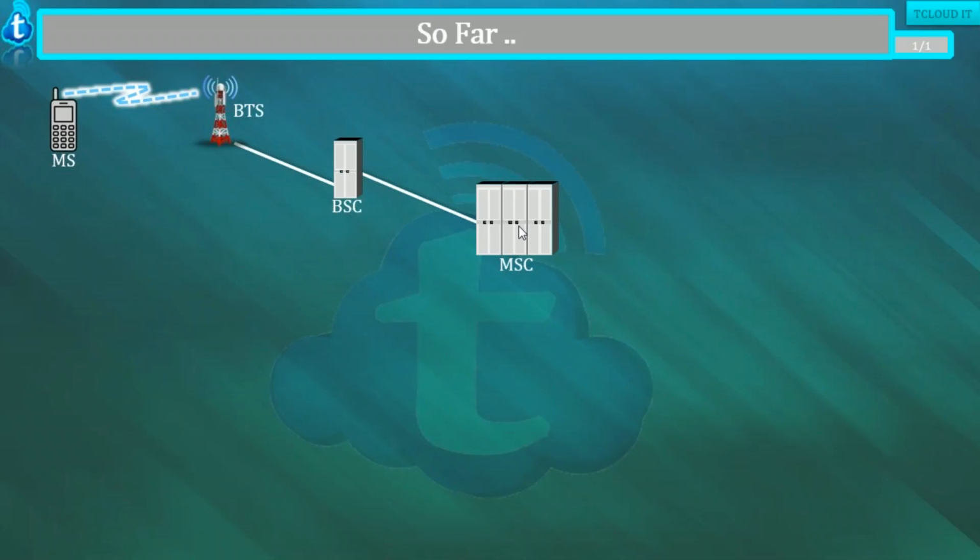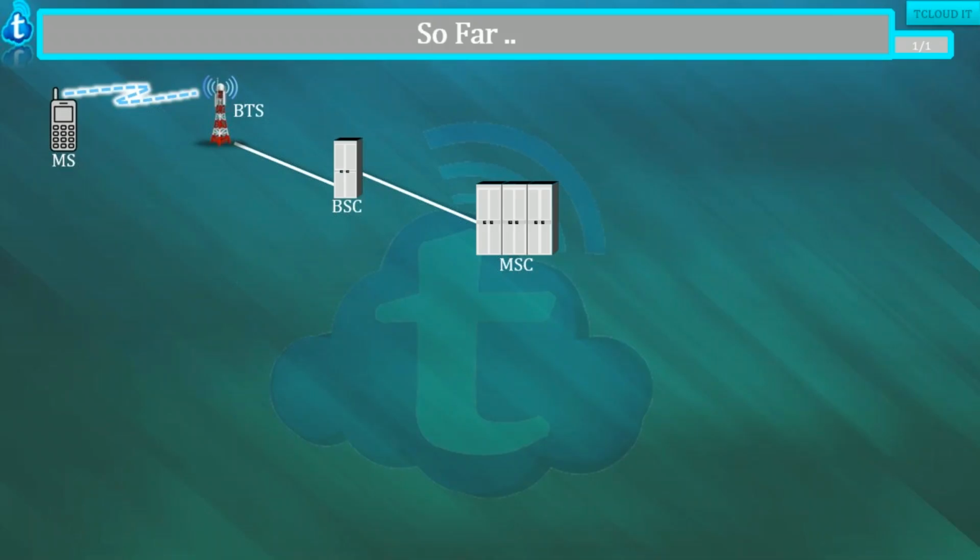Ultimately, this is a two-way segregation. The radio related tasks will be completely handled between BTS and BSC, whereas only service related tasks will be handled by MSC. Like when the mobile is trying to initiate any kind of service, make an outgoing call, send an SMS, or initiate any kind of GSM based service, then the MSC will come into play.